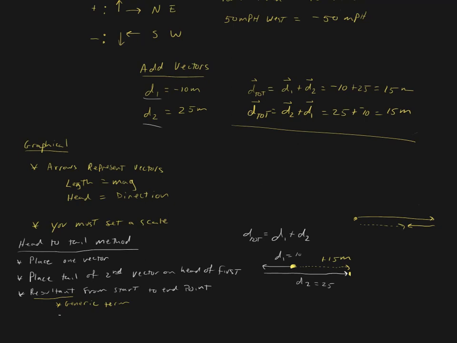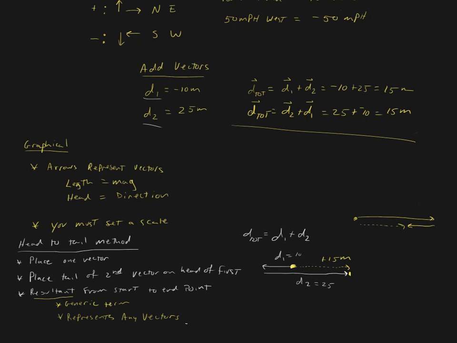And what that means in practice is that it represents any vector. It could be force, acceleration, momentum. It doesn't matter. It just represents any vector or the result of adding up multiple vectors. But those vectors are going to have to be of the same quantity. So d1 and d2 have to be in meters.